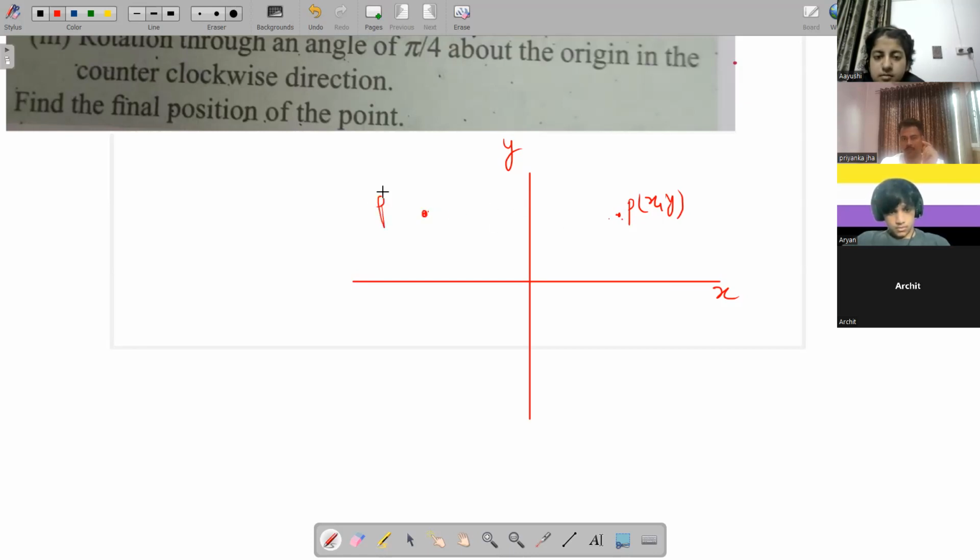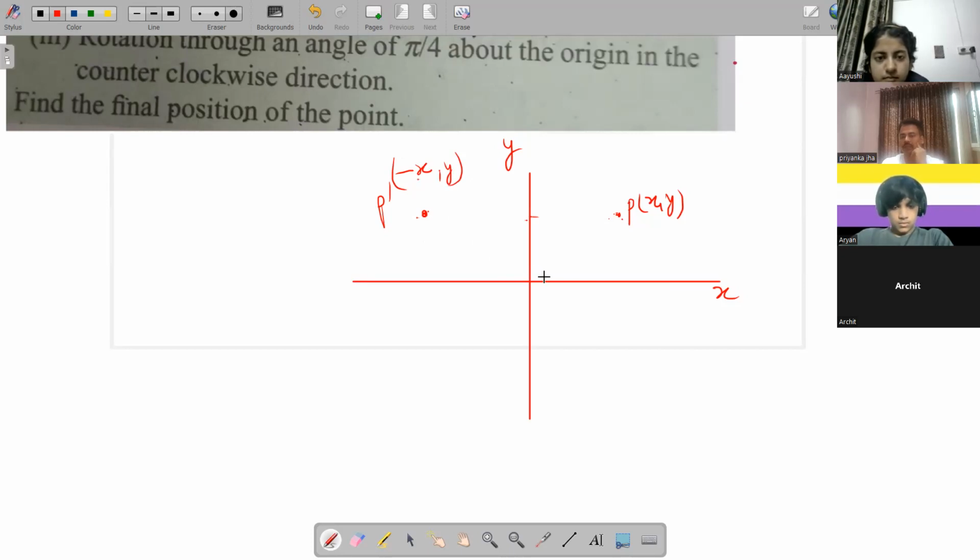From the mirror, the distance of the object and the distance of the image will be same. So if this is x, this will also be x, but on the negative side, so the coordinate will be minus x. And the y distance is the same. So the coordinate of this image will be (minus x, y), right?